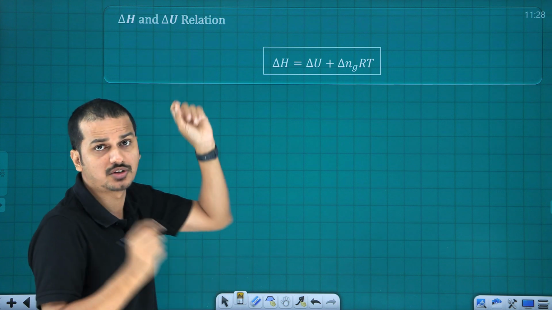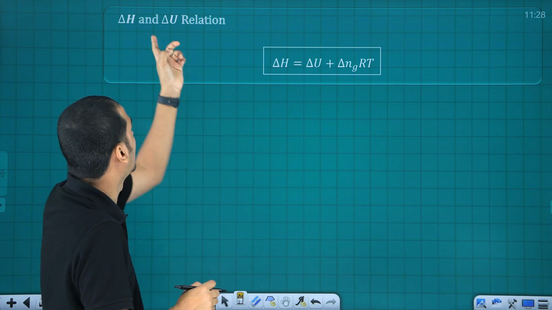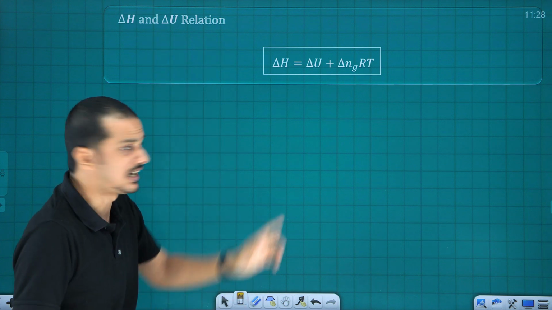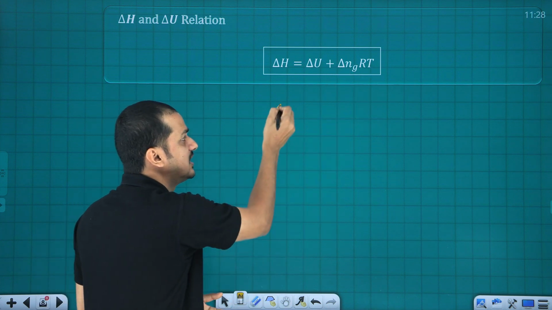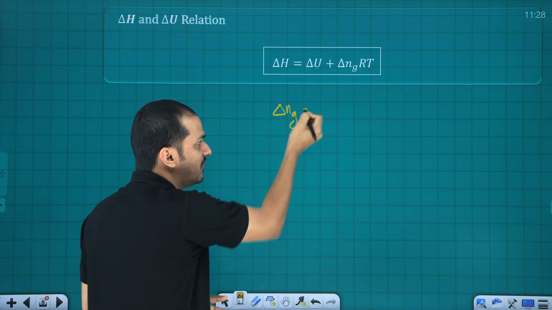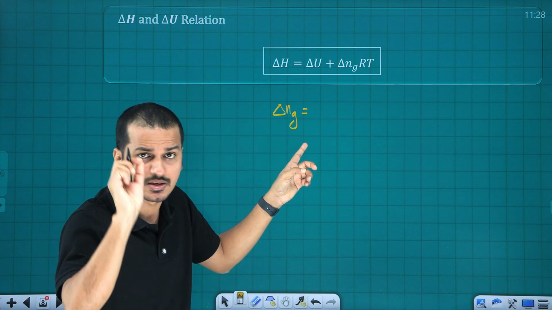Next, we have to remember the relationship between delta H and delta U. Delta H equal to delta U plus delta NG RT. This delta NG is very important. Why am I writing NG? NG means for gas.